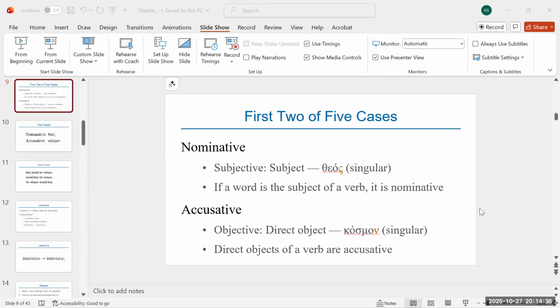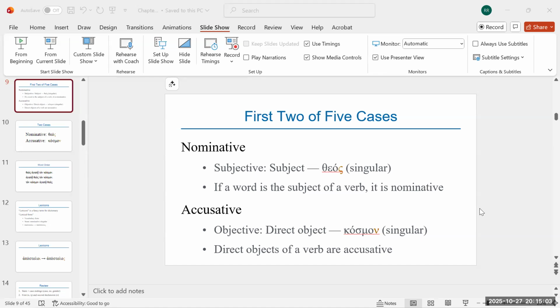So the nominative is the subject. So theos is a masculine singular noun. So it'd be masculine, singular, nominative.